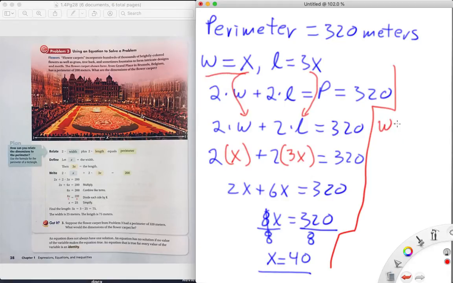So w is equal to x, which is 40. We know that the length is equal to 3 times x, which is 3 times 40, which is 120. So the width is 40, the length is 120.